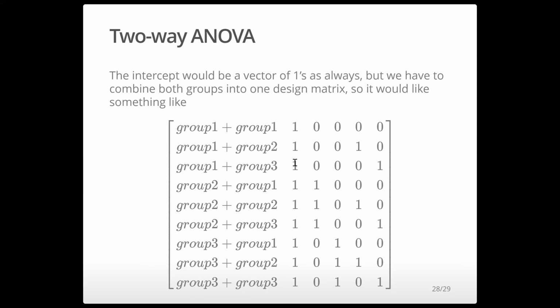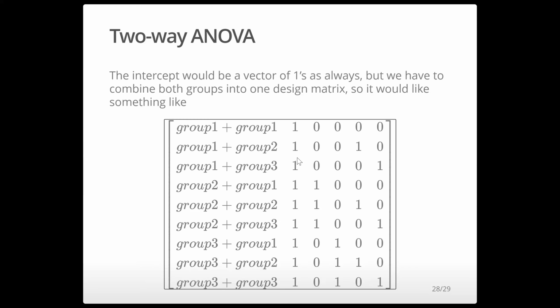So then we get our first column, which is our intercept. So group 1 plus group 1 is going to be all zeros. Then group 1 plus group 2 is going to have a 1 here. Group 1 plus group 3 is going to have a 1 here. Then group 2 plus group 1 is going to have a 1 here, and then all zeros. And so you can see so on and so forth how this goes.